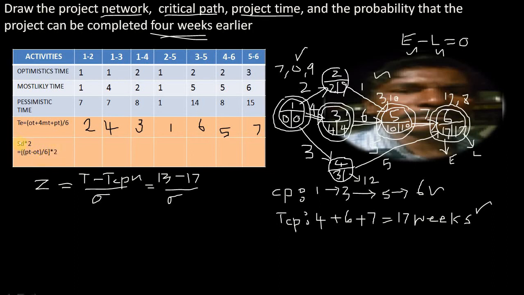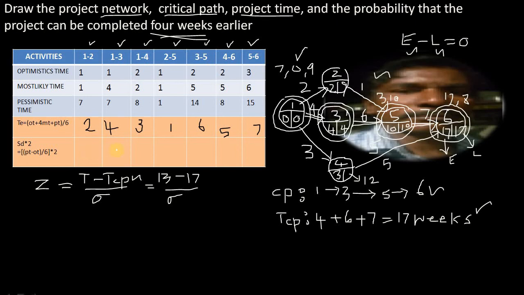We calculate this for each and every activity, the first, second, third, fourth, fifth, sixth, seventh, all the activities. That is the next step.